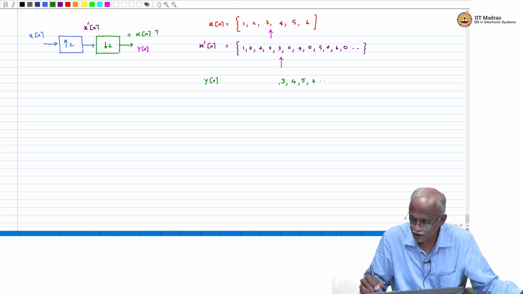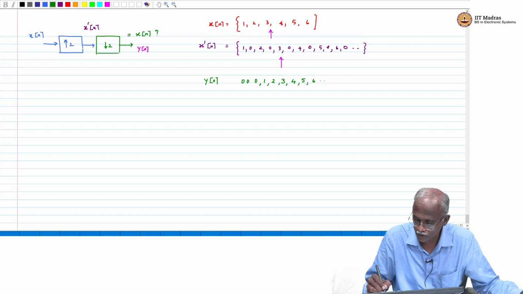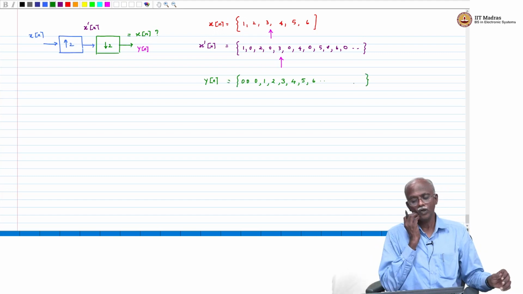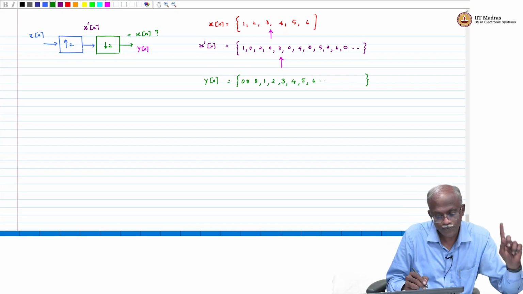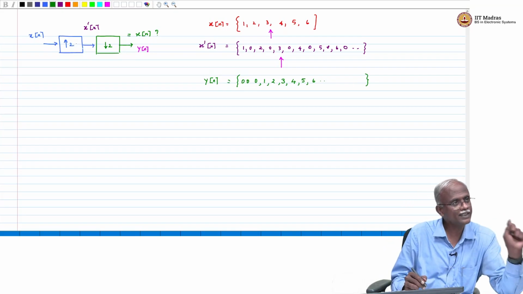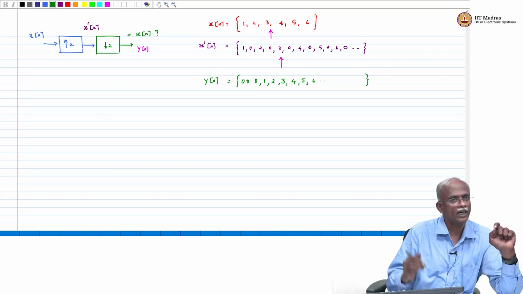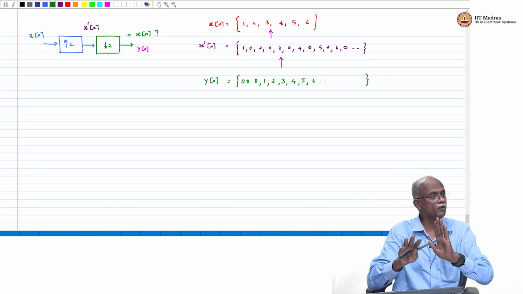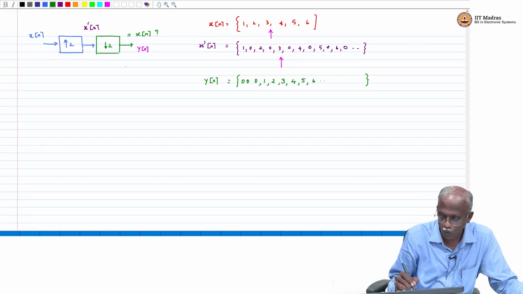So, 6, and on this side it will be 2, 1, 0, 0, 0. If I upsample by 2, I inserted one 0 between every pair of samples. If I downsample by a factor of 2, I throw away one sample, and what I actually ended up throwing away were the zero valued samples. So y of n is equal to x of n.